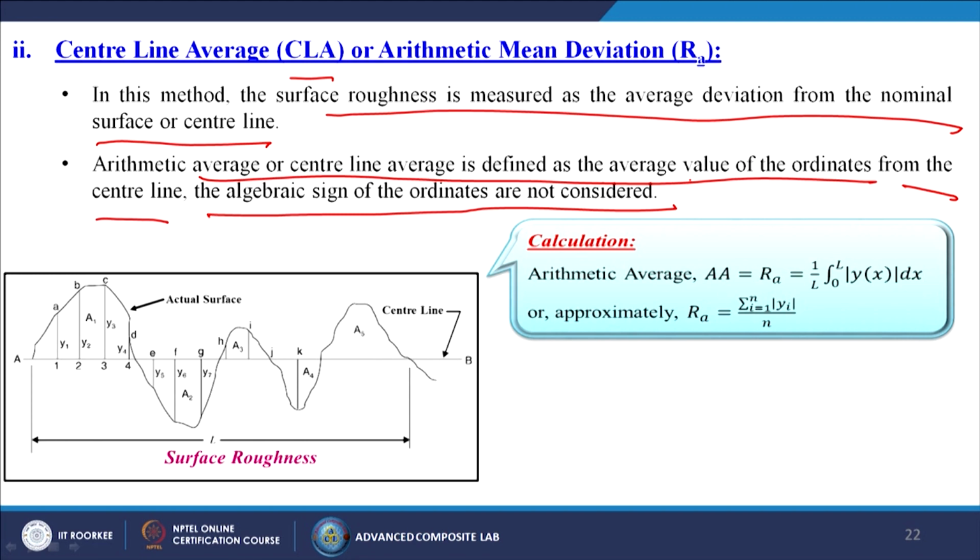Ra is equal to 1 by L, where L is the length from here to here, times the integral from 0 to L of y(x) dx, or approximately Ra is equal to the summation over i equal to 1 to n of yi divided by n.